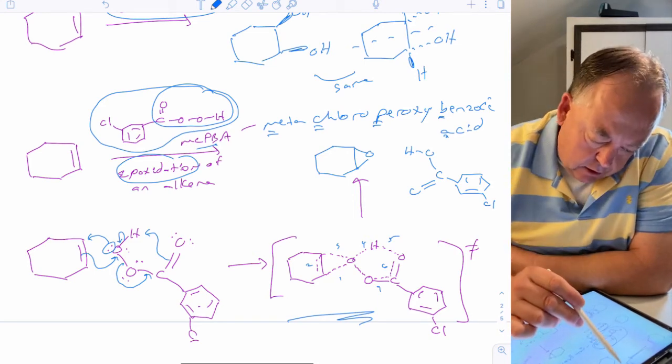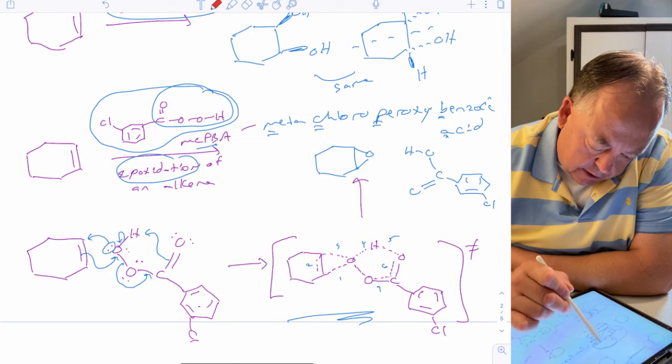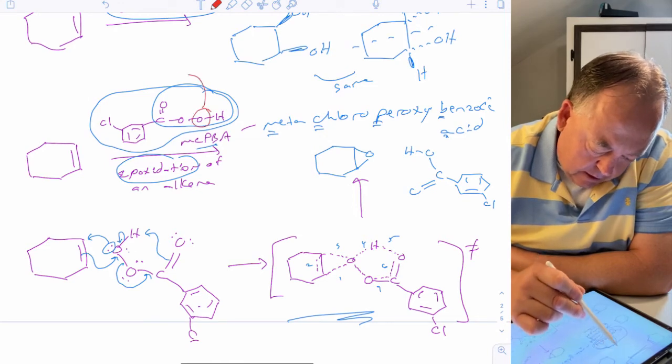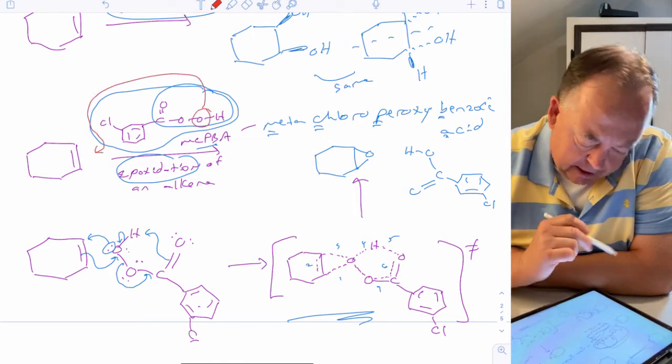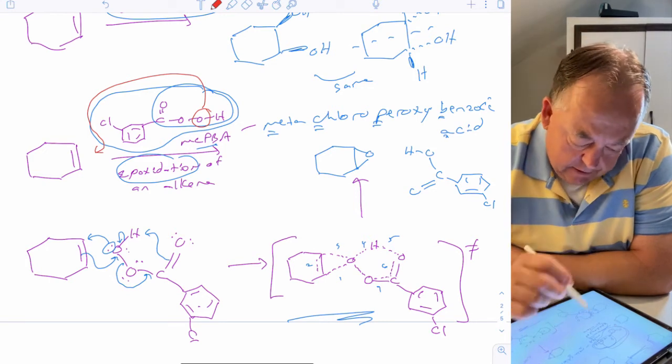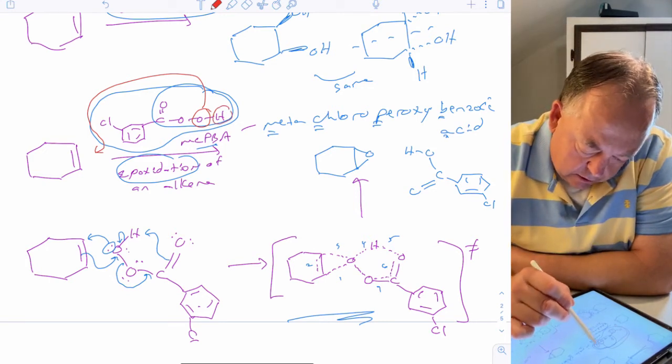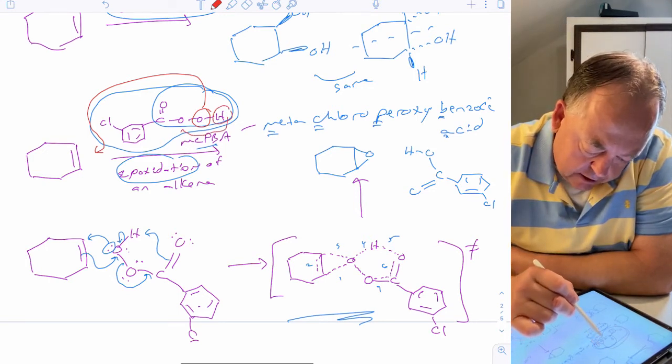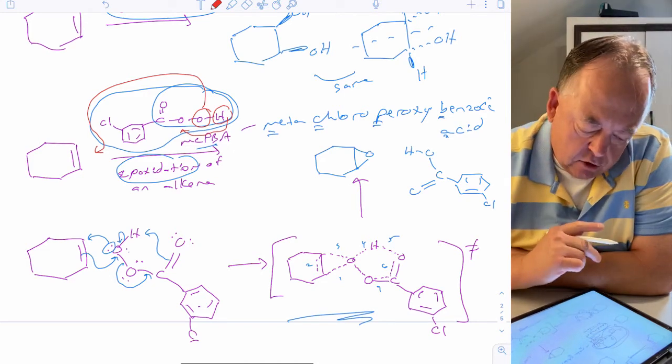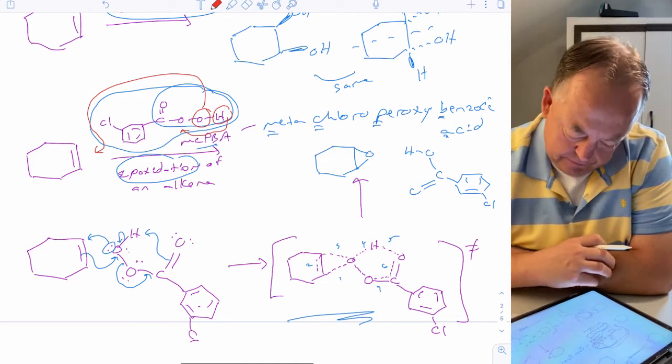Basically all that we've done in this reaction is we took that oxygen right there and we stuck it right here and made an epoxide out of it. And you can just think of this in terms of the side product, just bump the hydrogen down into its place, and that's the carboxylic acid that you would have.